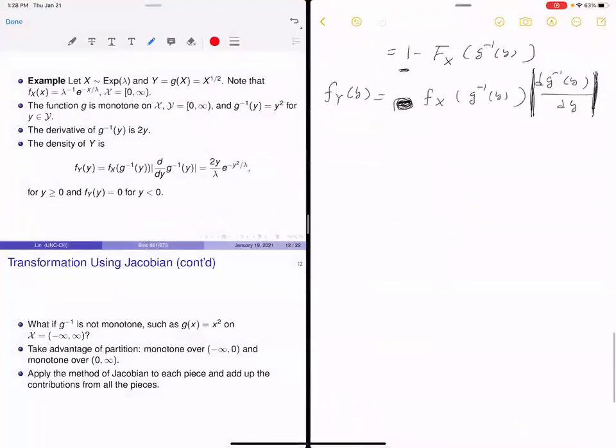Okay, so I say the example is, again, exponential lambda. Well, you might have seen that before in CDF methods. Then how do I do that in the Jacobian method? I have x follow exponential lambda. Then I'm trying to derive y equals square root of x.